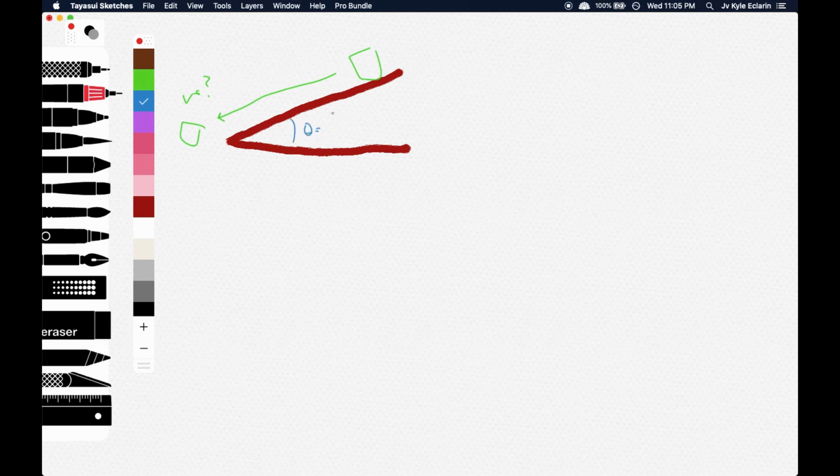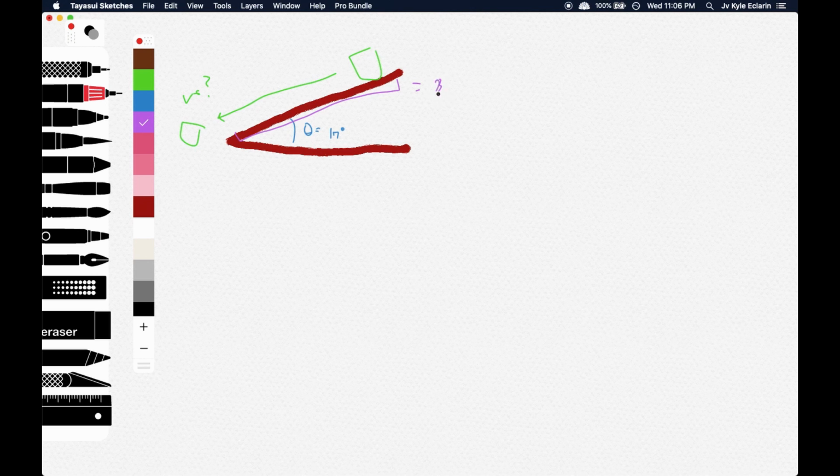Now we know that theta is equal to 17 degrees. And we also know that the length of this ramp here is equal to 20 meters.